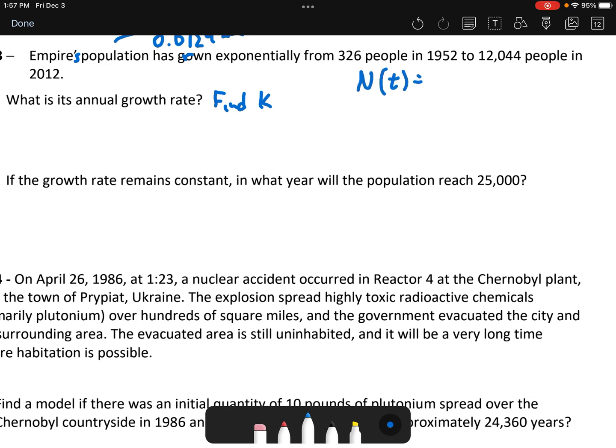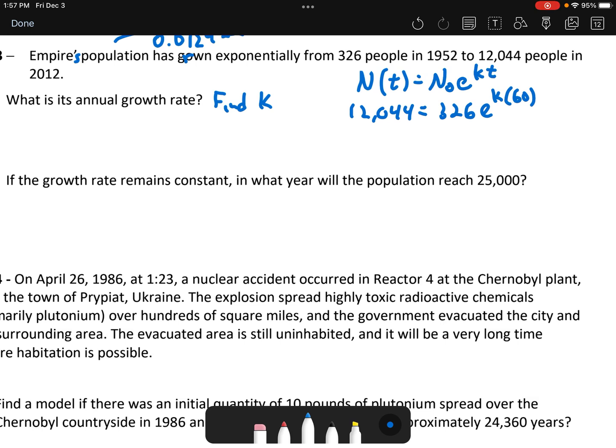Well, we still use this equation. It's the same equation every time. N or A, it doesn't matter. We had 12,044 people, but we started with 326, and that was 60 years, correct? 1952 to 2012.